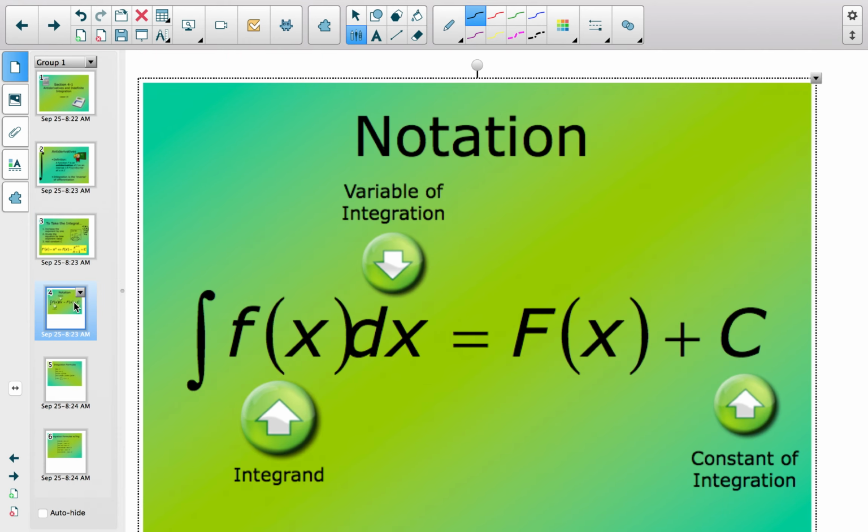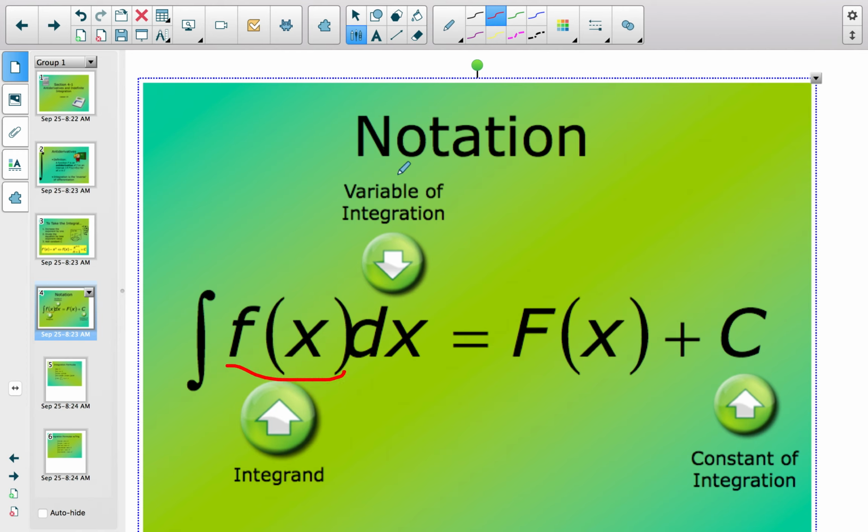Now, there are some names. When we take the integral of something, this is the indefinite integral. Notice there are no bounds that we're taking the integral between. Normally, the function that you're taking the integral of is called the integrand.